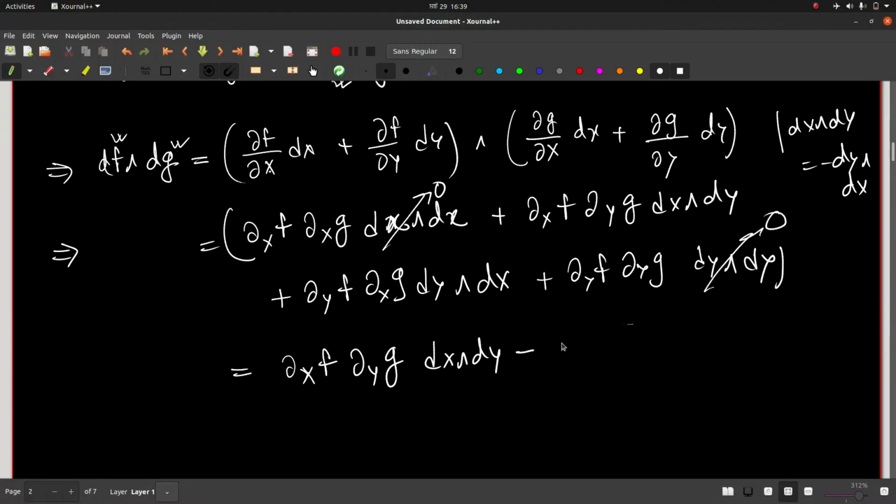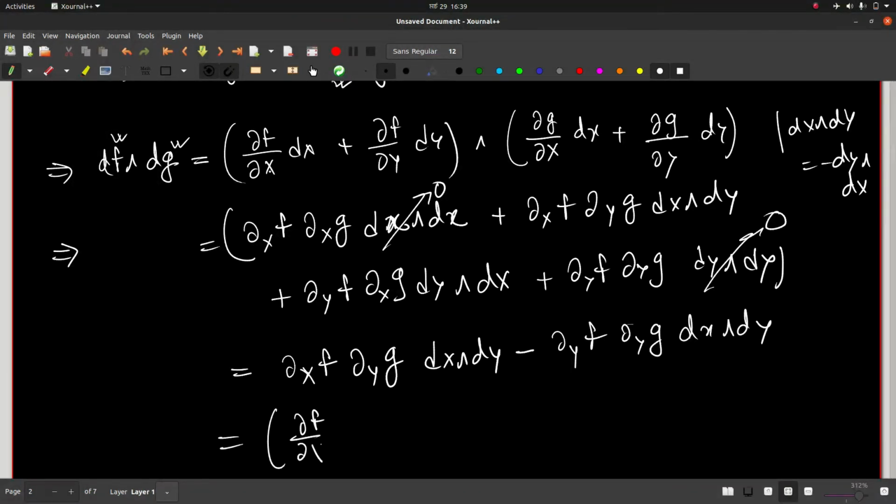Okay, and if you do that, this is just df/dy dg/dx times dx wedged with dy. Now finally you can write this whole thing in its full glory, minus... oops, it shouldn't be y, it should be x, right? Yeah, this should be x.